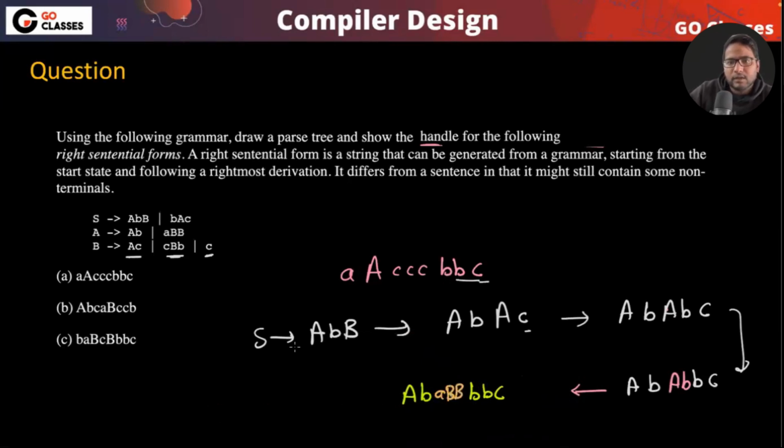ABB. Now what should we do? This is matching, this is matching. Now I think this BB can go to CC. That's fine. No, we want 3 C's, right? Okay, this is BBC.